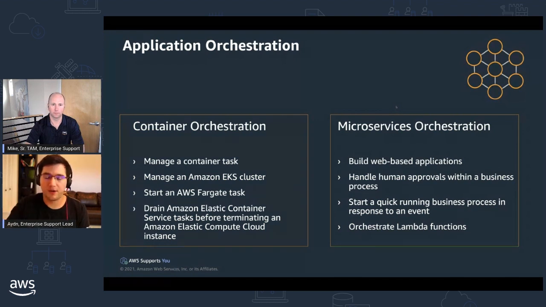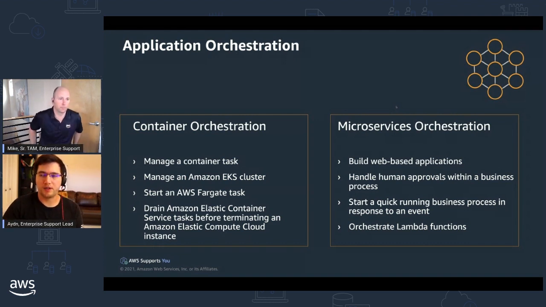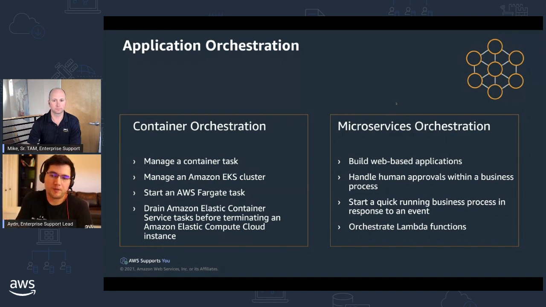Yeah, thanks, Mike. So, application orchestration. It's pretty common for modern cloud apps to be composed of many services and components, right? You might be familiar with the term loosely coupled microservices. That helps build an app as a suite of small services, each running in its own process, each independently deployable.